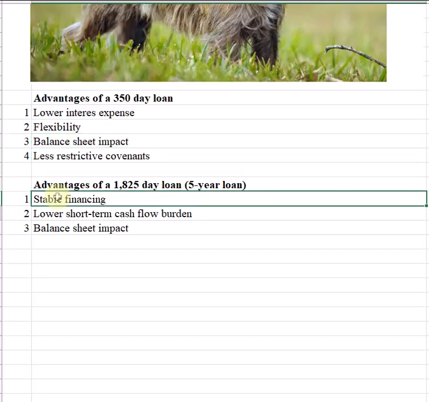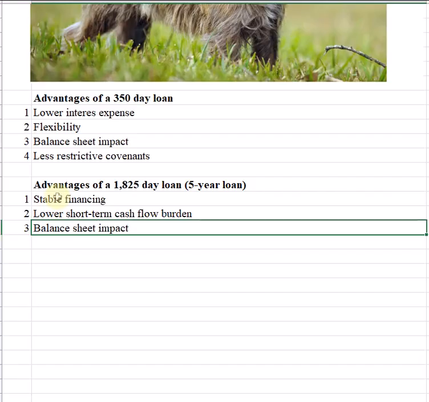But in the advantage of the longer loan, it's a long-term liability, so the liquidity ratios are not harmed. It keeps short-term debt off. In other words, the short-term debt is not impacted.